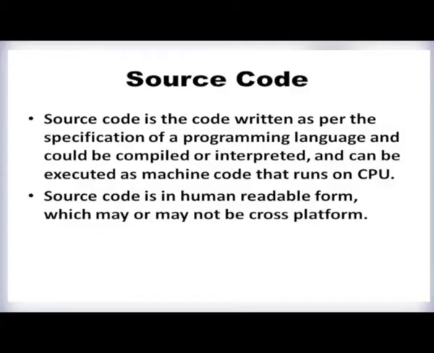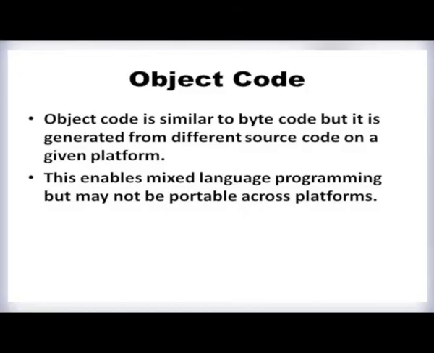Source code is the code written as per the specification of a programming language, and could be compiled or interpreted and can be executed as machine code that runs on the CPU. Source code is in human readable form, which may or may not be cross-platform.